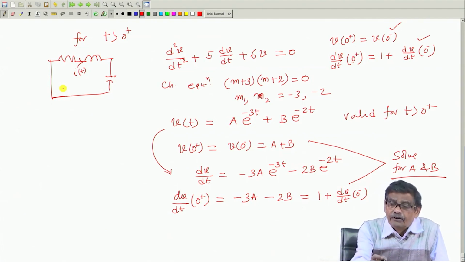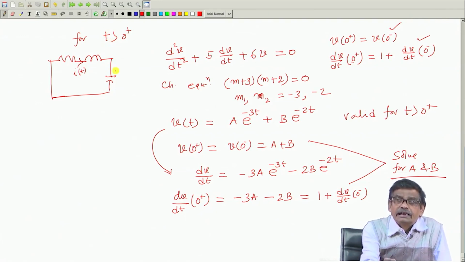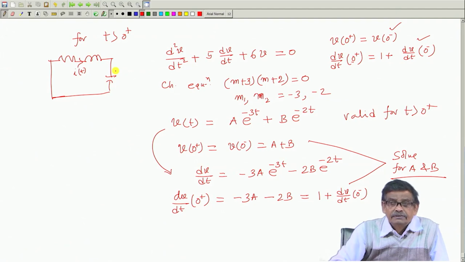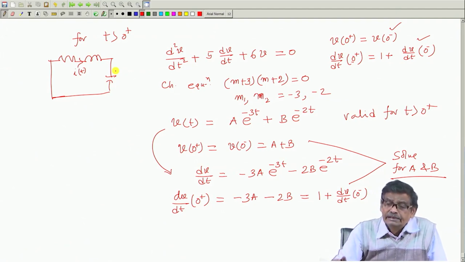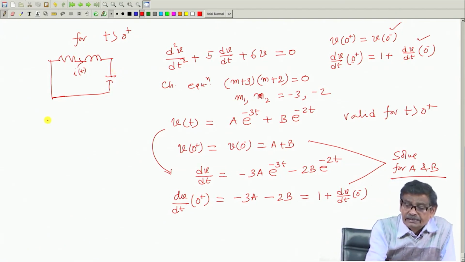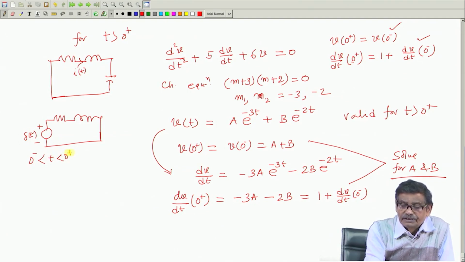So, solve for i(t) for t greater than 0 plus; the circuit is once again like this. The source was really active only during this brief period from t equal to 0 minus to 0 plus.